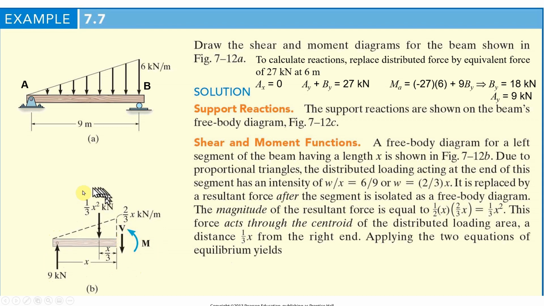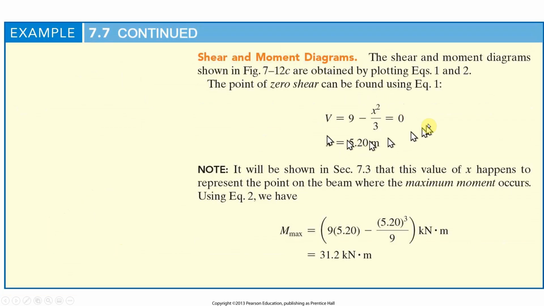So V equals 9 minus 1/3 x squared, which is, of course, what we have right here. And you can find the 0. It's at 5.2 meters. Just solve this equation, set the shear force to equal 0. When will it go?